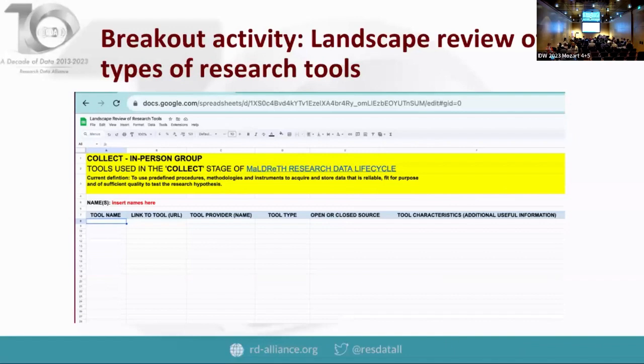Okay, so we discussed first the meaning of storage, what does that mean for us, and the different characteristics for storage. Then we shared our own tools, and then we came up with the idea, okay, we have a lot of institutional storage solutions, but does it make sense to share them? Because normally they are closed access only for the university or the institute themselves.